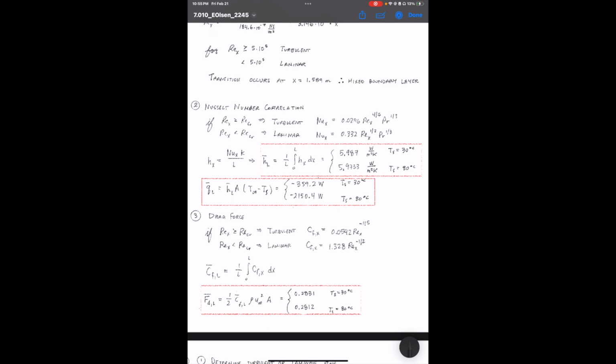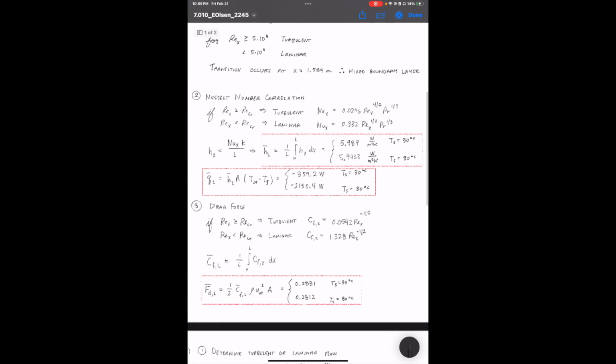And so we can set up our conditions here for our Nusselt number correlation. If it's turbulent flow, our Nusselt number correlation is given here, 0.0296 times our Reynolds number at that location to the 4/5 power times our Prandtl number to the 1/3 power. And if it's laminar flow, very similar, except the equation is 0.332 times our Reynolds number to the 1/2 and our Prandtl number to the 1/3.